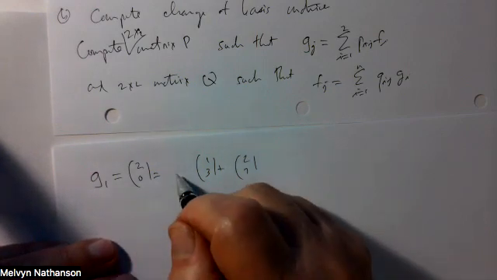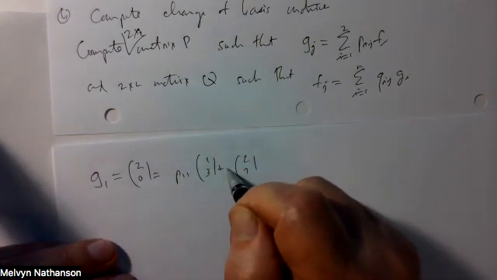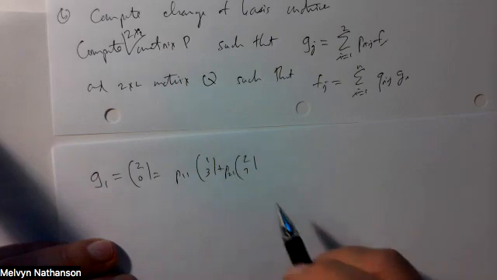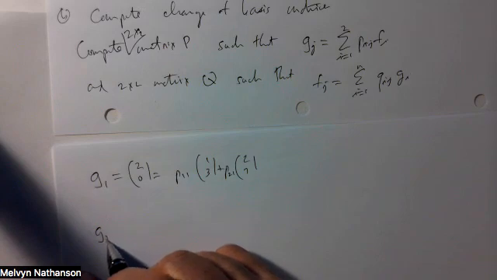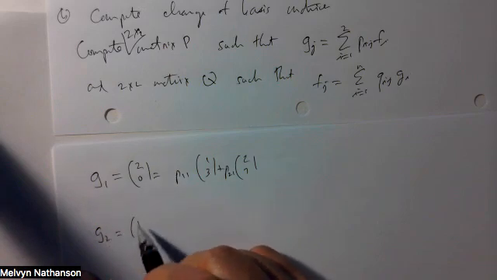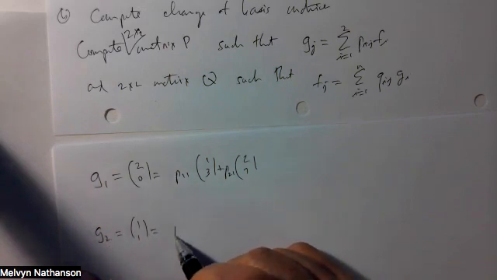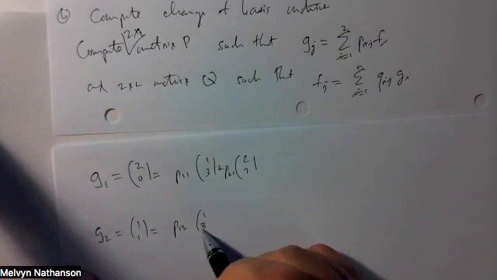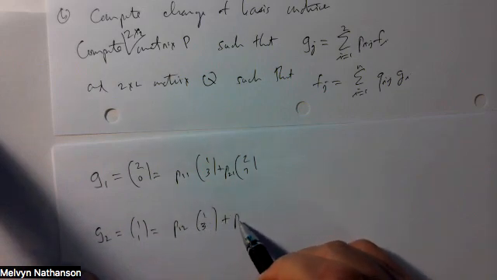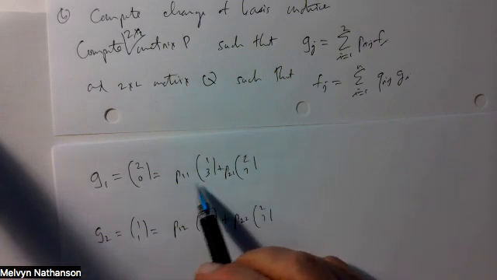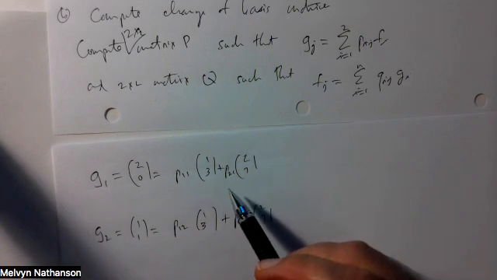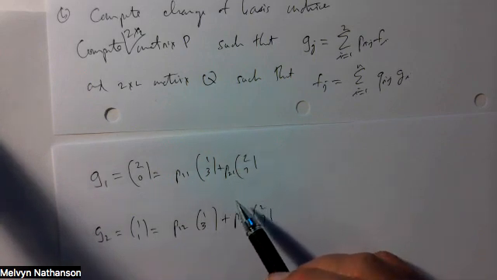This will be P11 (1, 3) plus P21 (2, 7). And G2, which is the vector (1, 1), is going to be P12 (1, 3) plus P22 (2, 7). I have to compute these numbers, the P's. These are the coordinates of the change of basis matrix.